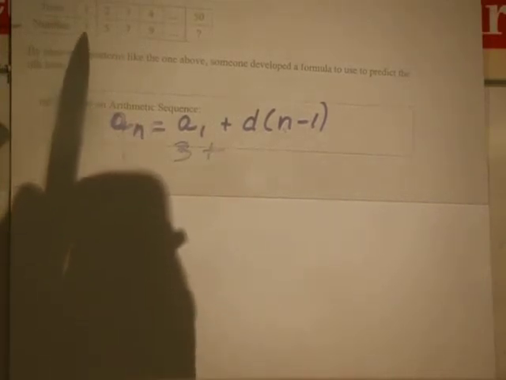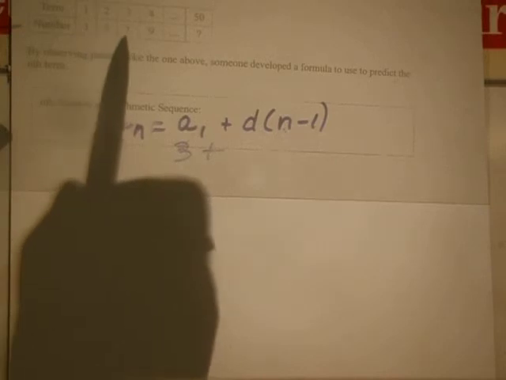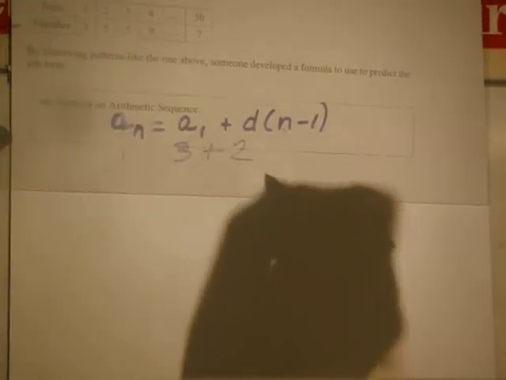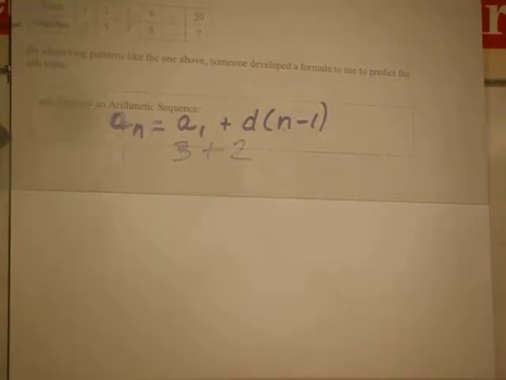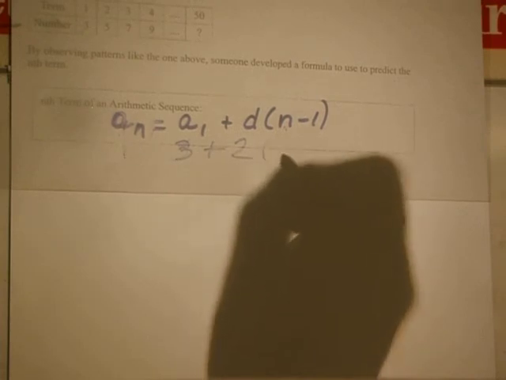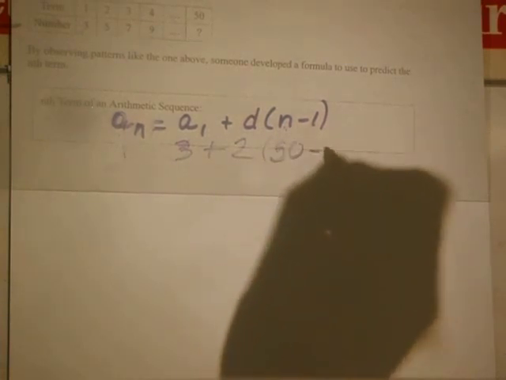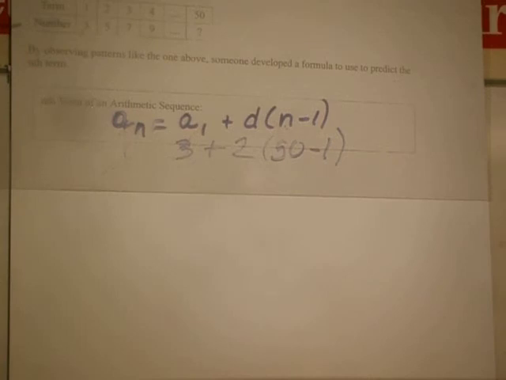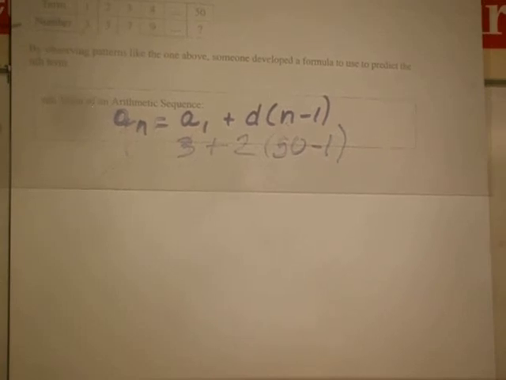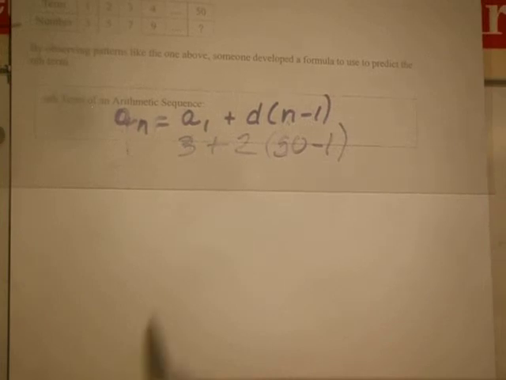If you look at this from 3 to 5 to 7 to 9, our difference is 2. We're going up by 2 each time. And we were asked to find the 50th term, so we do 50 minus 1. You can enter that into your calculator exactly as it is.